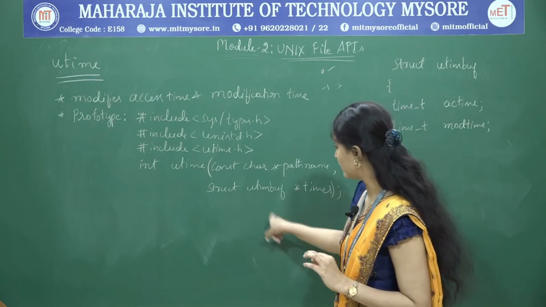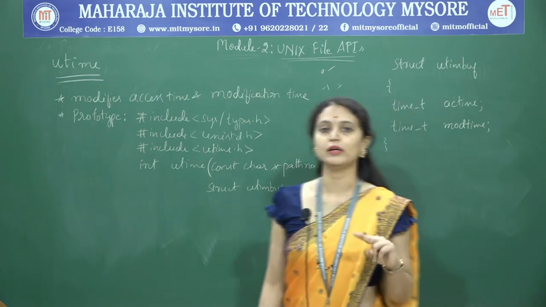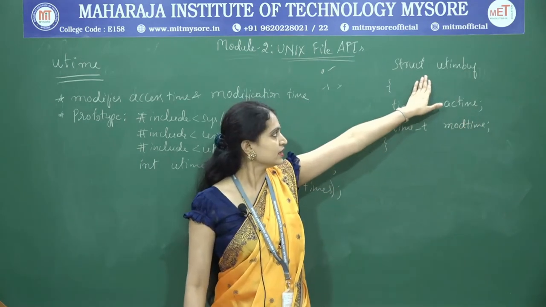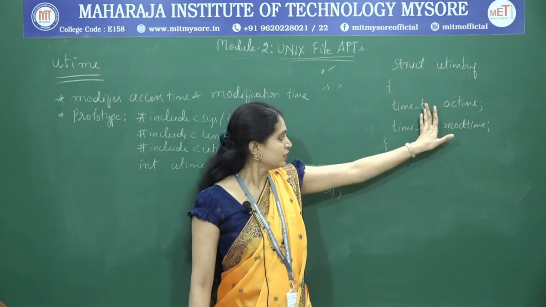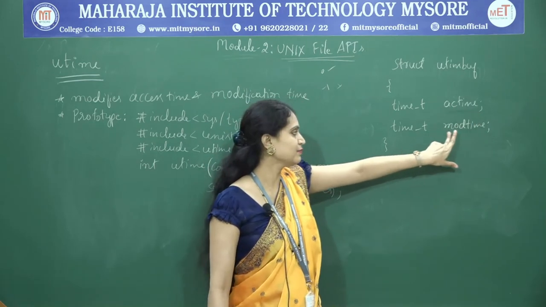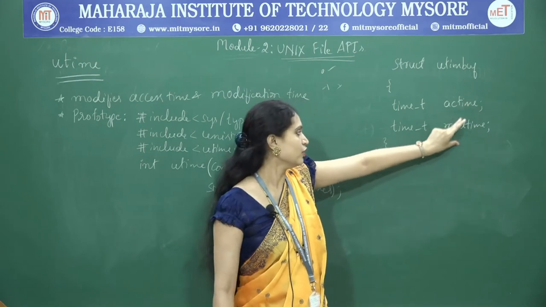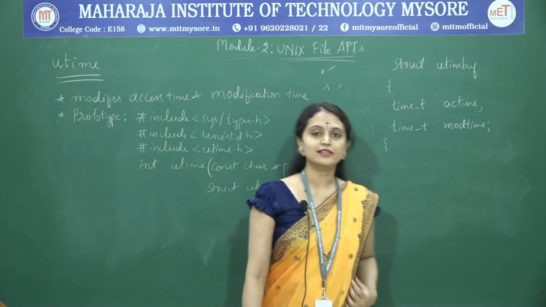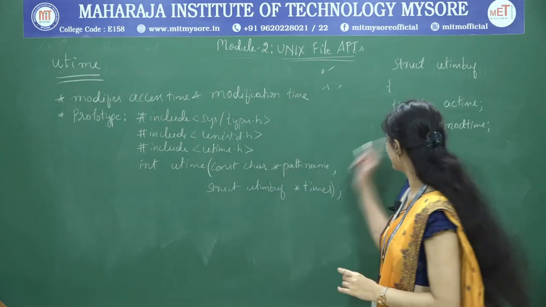Actually, this is a structure that contains two members, which I have written here: one is the access time and another one is the modification time. Both are of the type time_t. This time_t is a data type.